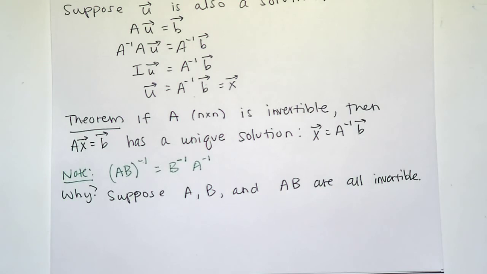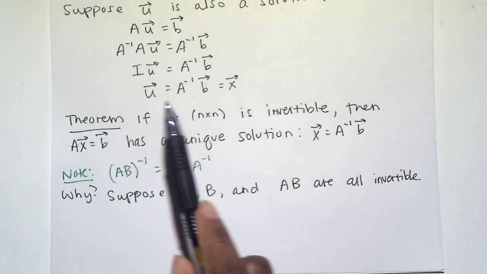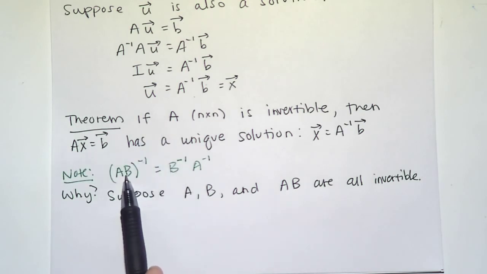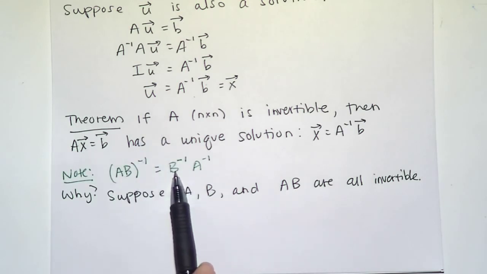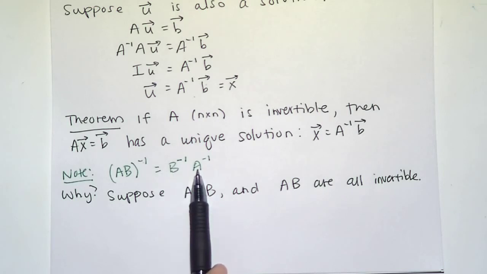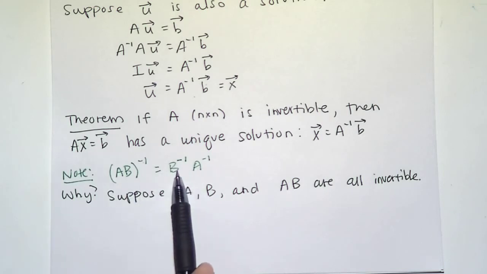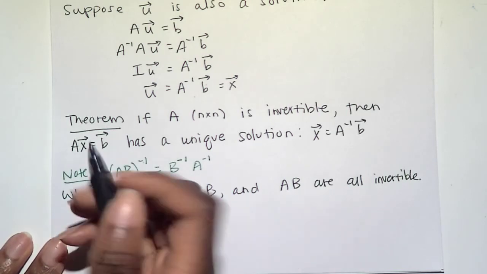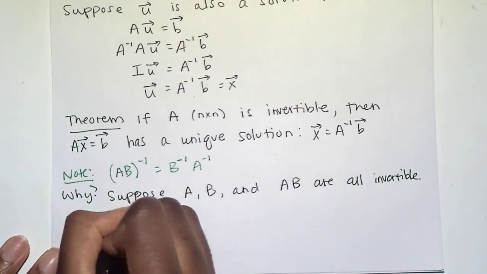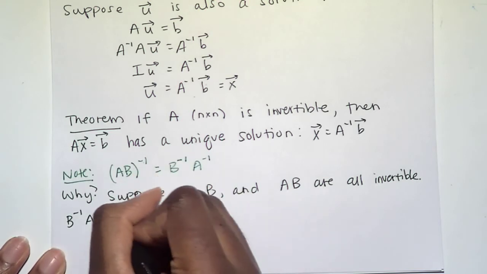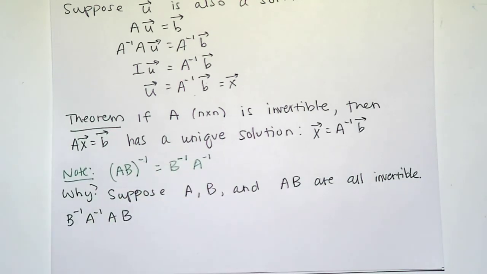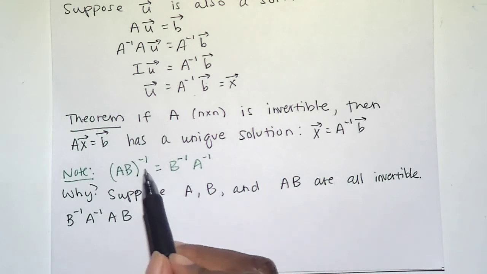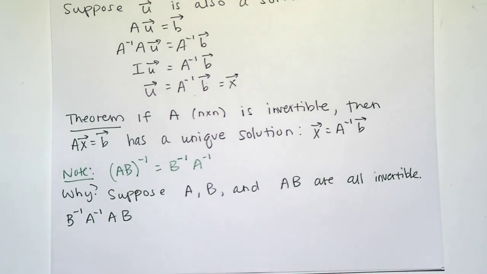All right, and remember, we're trying to show that the inverse of AB is B inverse A inverse, so that when we multiply AB times B inverse A inverse, we should get the identity if they are indeed inverses. All right, so I'm going to take B inverse A inverse and multiply it by AB. I'm expecting that I should get the identity since we're saying that these are inverses of each other.